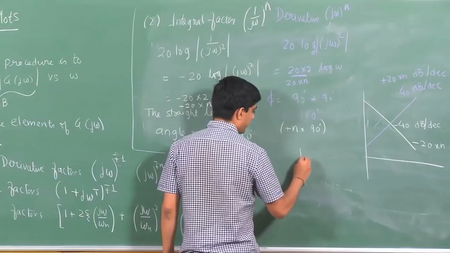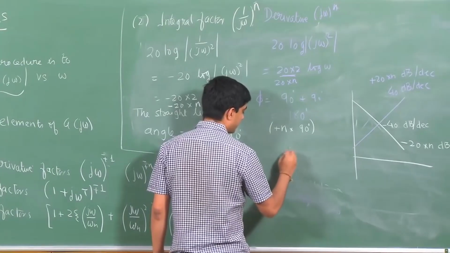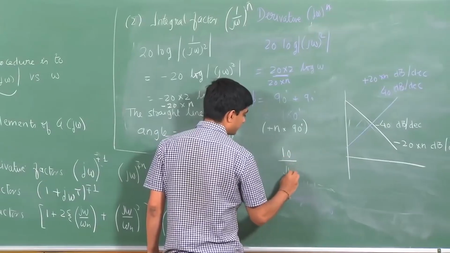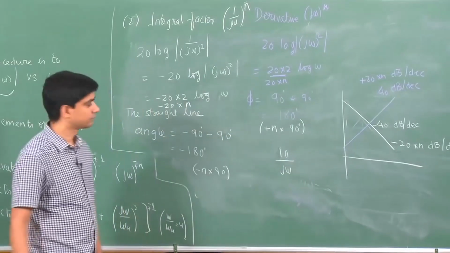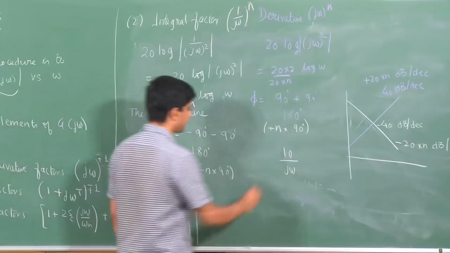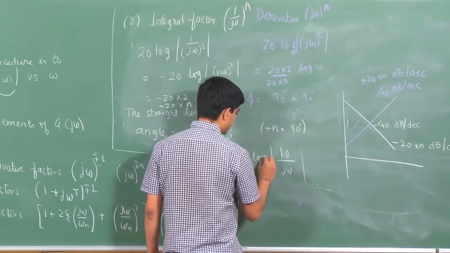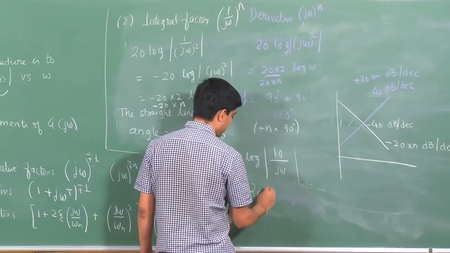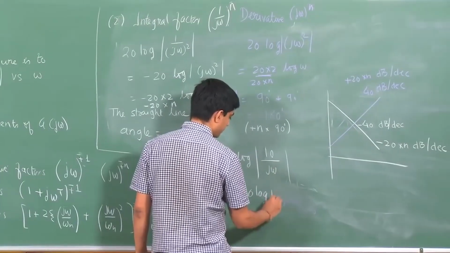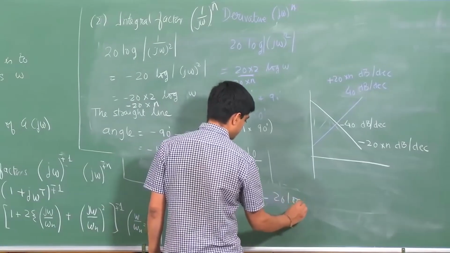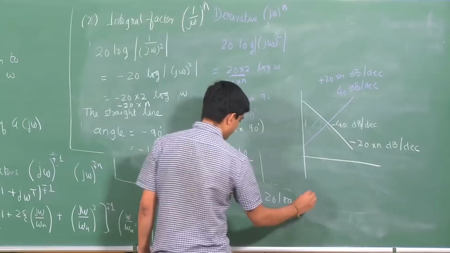Okay, a little exercise, right. So if I have a transfer function now of say 10 over j omega, how will this go like? Well, I am just looking at the magnitude: 20 log, so this will be 20 log of 10 minus 20 log of j omega.